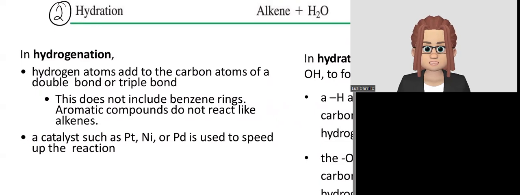So for the purposes of this class, if you have an arene, that cannot be hydrogenated. The hydrogenation reactions actually need a catalyst, and that catalyst could be a choice of either platinum, nickel, or palladium. Remember that these catalysts are used specifically to speed the rate of the reaction.